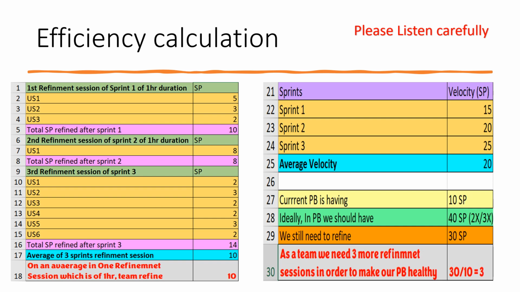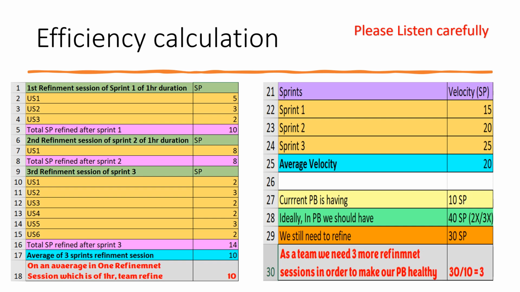So, efficiency calculation. First consider the left side picture: the first refinement session of sprint 1, of 1 hour duration. This is just an example we have drafted to showcase how it works; it varies for every project, program, and team.